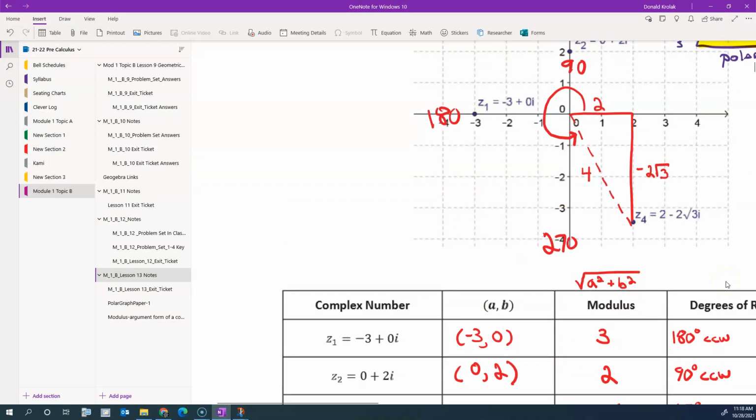So this angle right here, this would be the opposite side, and this would be the adjacent side. So I'm typing this in: opposite divided by adjacent. That simplifies, and it becomes this.